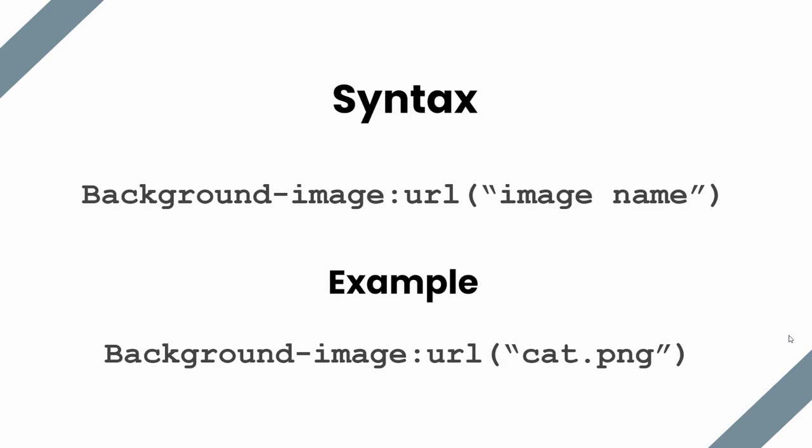That's the image name and the extension of the image together. So as you can see from the example, the background image is assigned the URL of cat.png. The .png here is the extension name, and the cat here is the name of the photo.